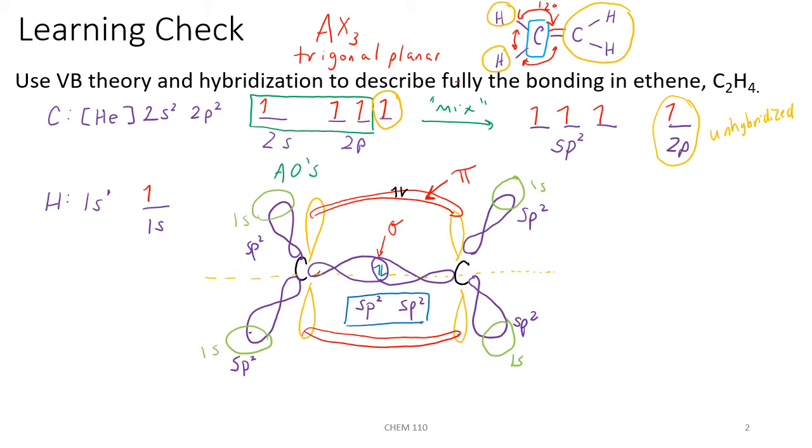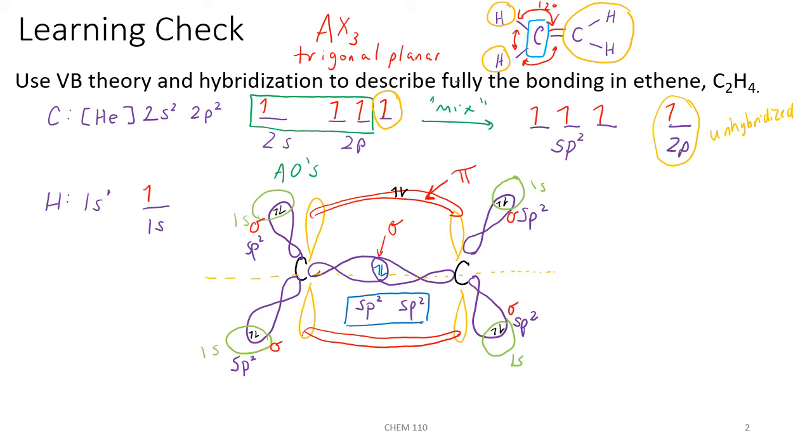And so those electrons are going to become paired up. And each of those, since they're a single bond, is going to be just one sigma bond. So everywhere an sp2 hybrid orbital overlaps with a 1s on hydrogen, that simply represents a sigma bond, as we would have predicted just from looking at the Lewis structure.